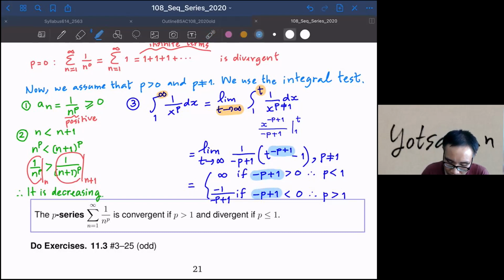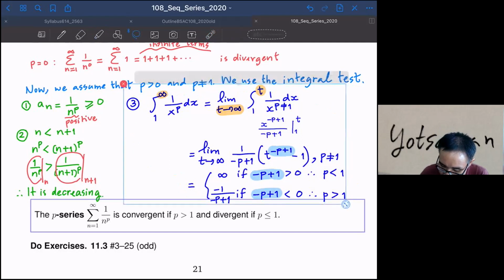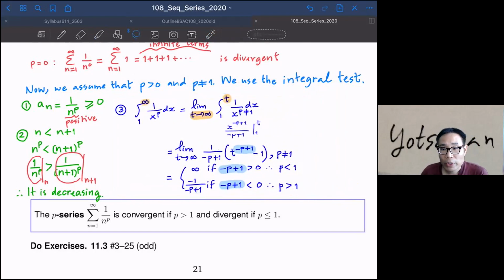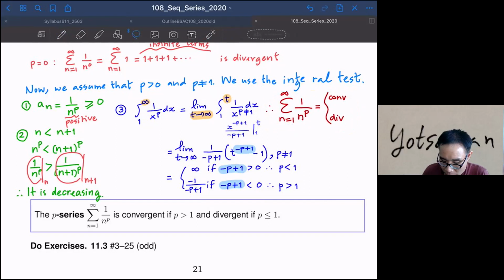And you can conclude from this calculation that the series n equal to 1 to infinity of 1 over n to the p turns out to be convergent, and it turns out to be divergent, depending on p less than 1 or p greater than 1.